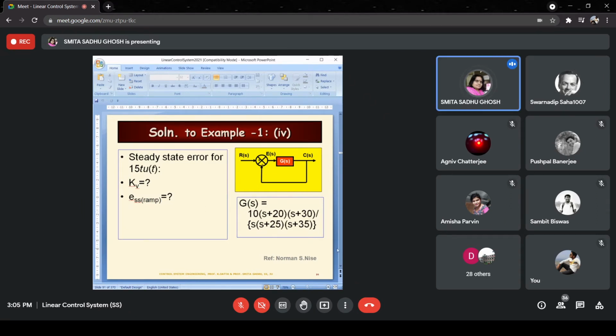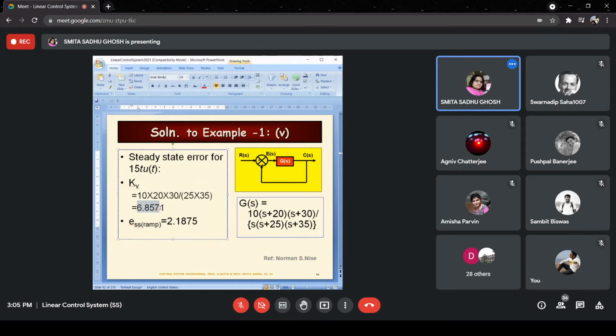Let me check the other. Can you calculate this, given in this form? Is it matching? Verify and tell me. 48 by 7. Yes, ma'am. It's okay, right? So basically, Kv can be found out.